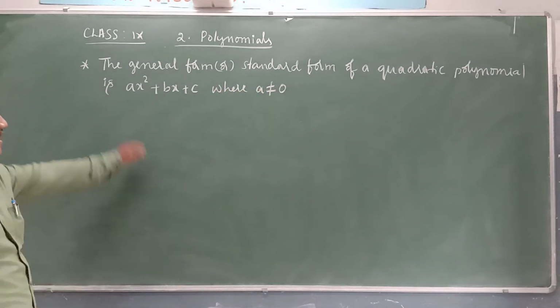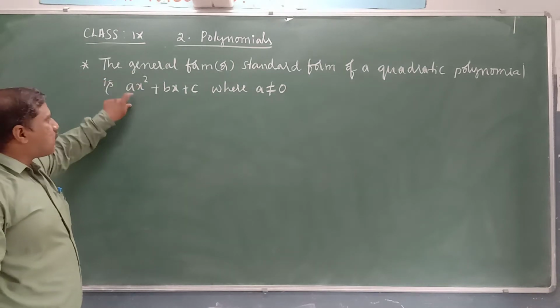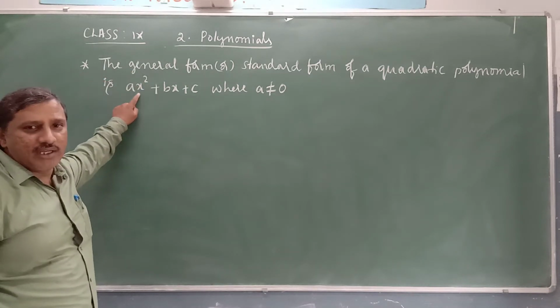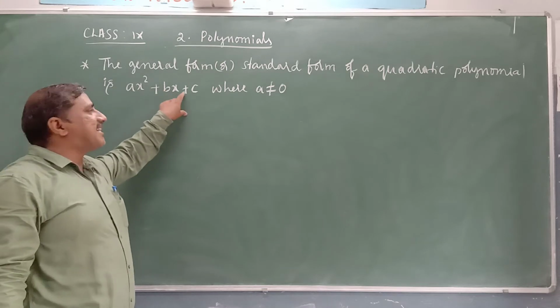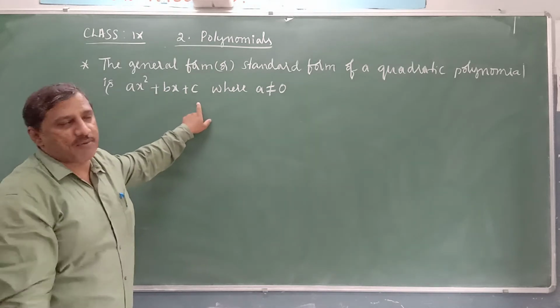Again, if a is equal to 0, then this total term will become 0. We'll get bx plus c, which is a linear polynomial.